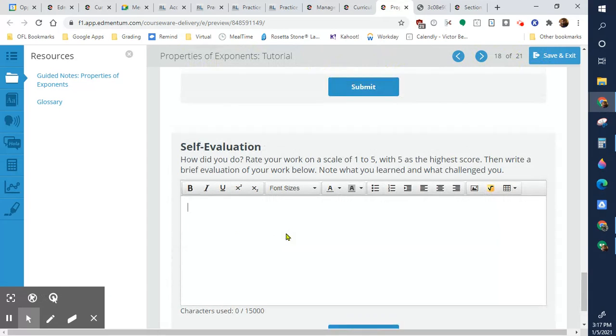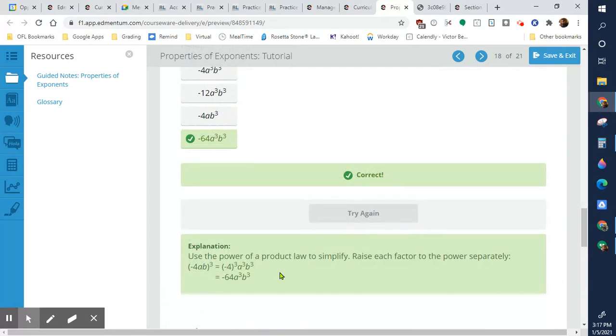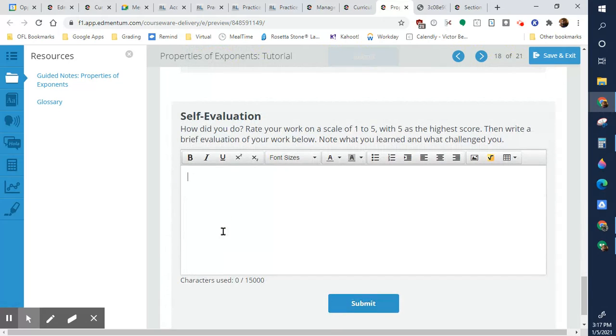So for this activity, I would say I did really well. If you're having trouble with some of them, you can say something like, oh, I mix up power of products with product of powers.